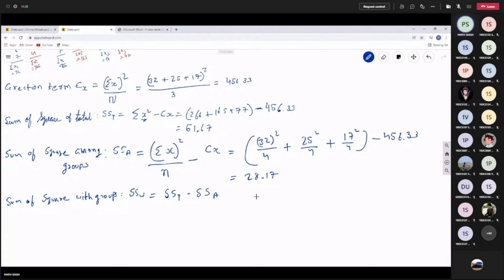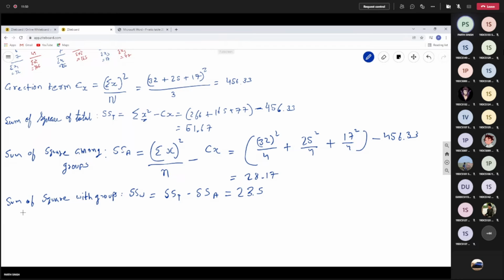Okay, that is the formula. So simply 51.67 minus 28.17. I'm not writing that, I'm simply writing the calculation, that is 23.5.